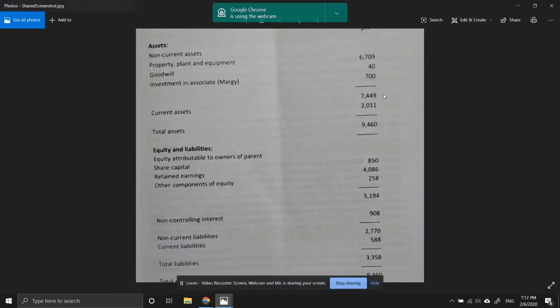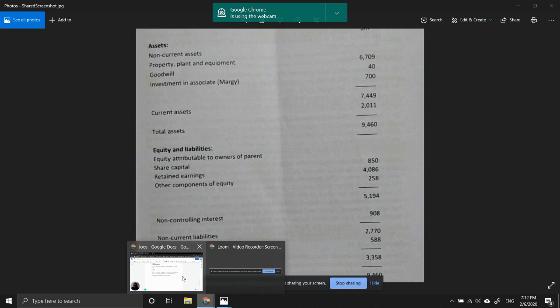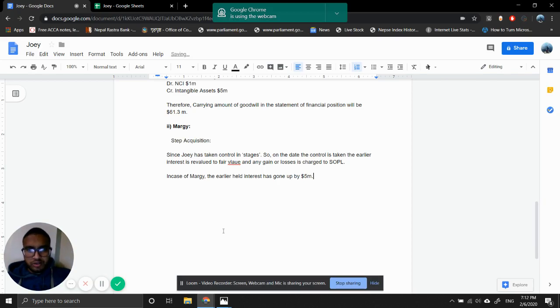So what was over here? 700 has gone up by, and this figure. So which will be 705 minus 700 million, right?